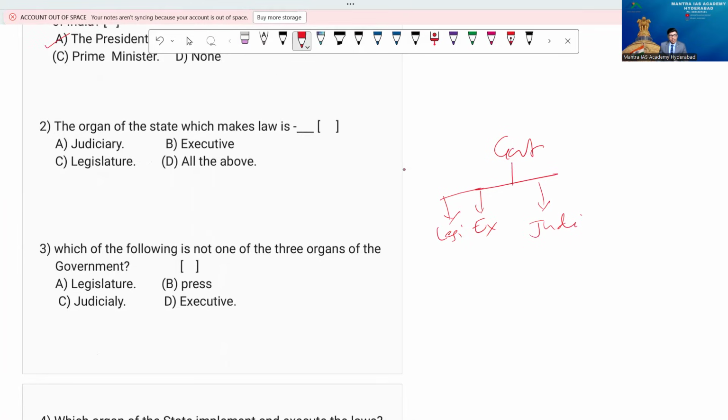Which organ out of the three makes law? Option A, judiciary; B, executive; C, legislature; D, all the above. Remember, you know the duty of the judiciary and the concept of the executive well. So the answer is legislature. The legislature makes law, option C.